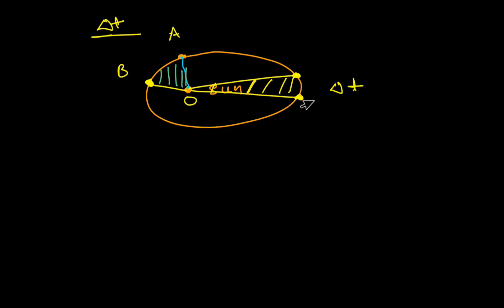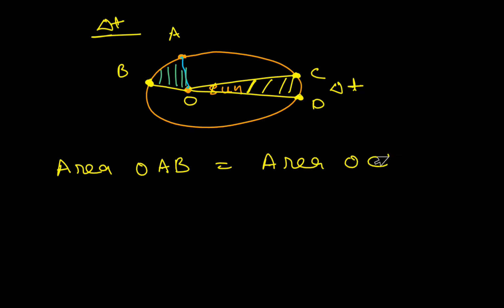Let's say O D C. If the planet moves from D to C in delta t time, and if the planet moves from A to B in delta t time, then according to the second law, the area covered by the line joining the planet to the Sun in delta t time will be the same. So area OAB is equal to area OCD.